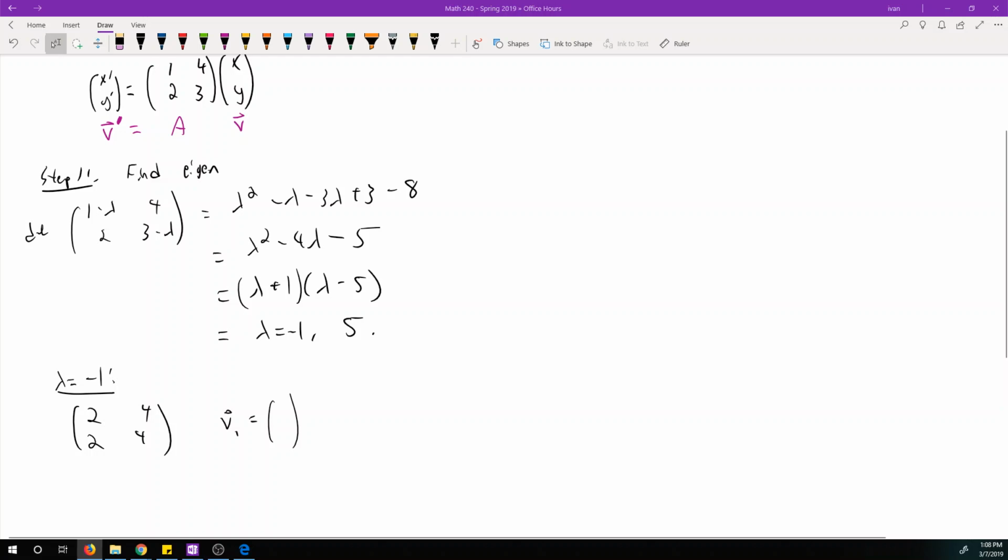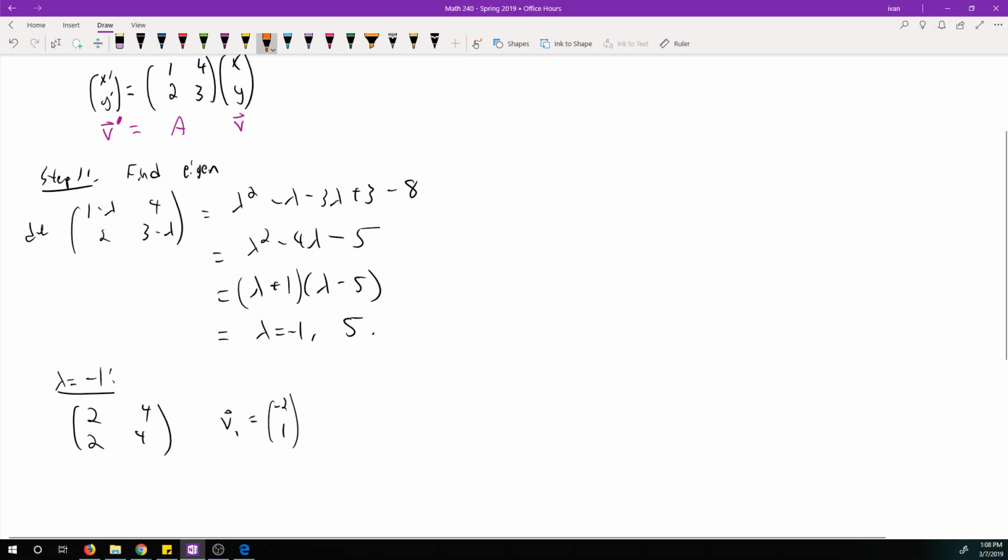I have 2, 4, 2, 4, so you want to look at the rows, not the columns. 1, 2 makes the second entry too large. I think you're almost there, but it's negative 2, 1.